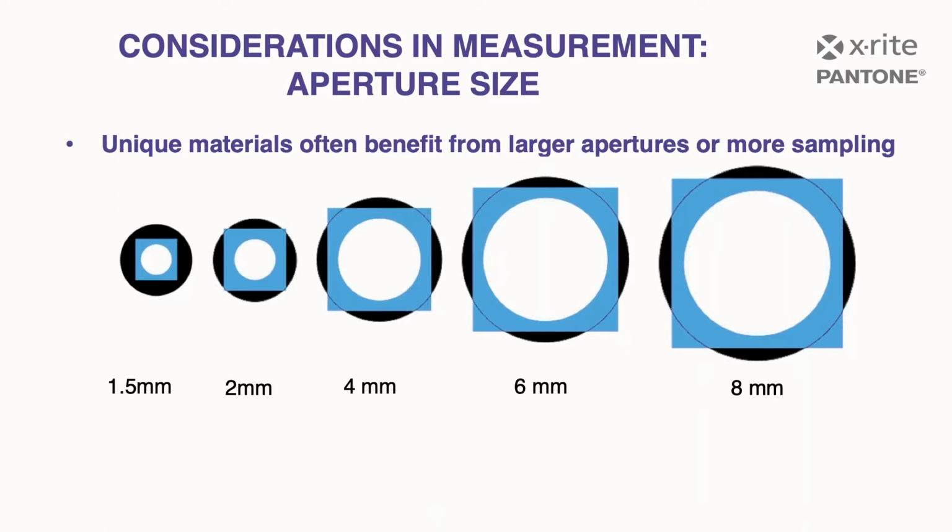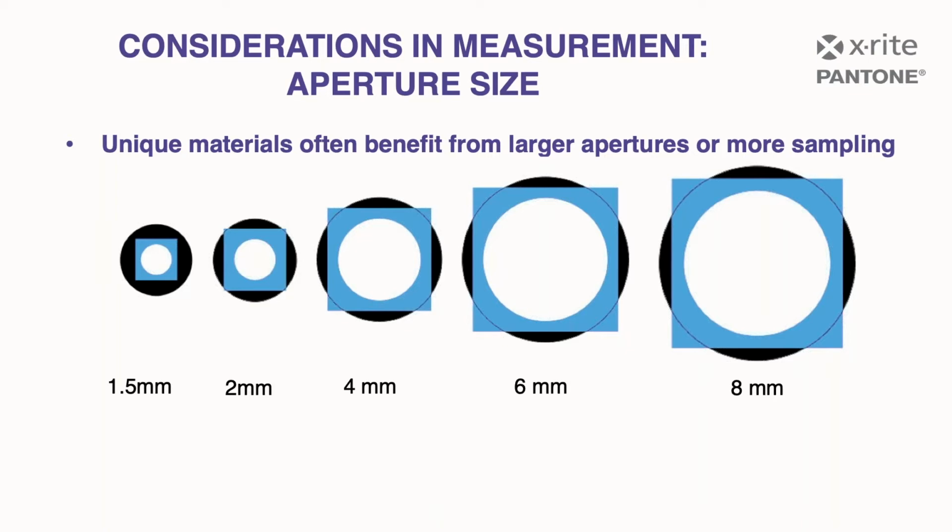And many people in the graphic arts like to use a small aperture because that can minimize the amount of area taken up by control bars, and so it minimizes waste, and that seems good. There's some issues even in traditional print about matching the aperture size with line screen and things like that to make sure that we don't miss information that way. But traditionally a 2 or 4 millimeter in ink on paper works out reasonably well.